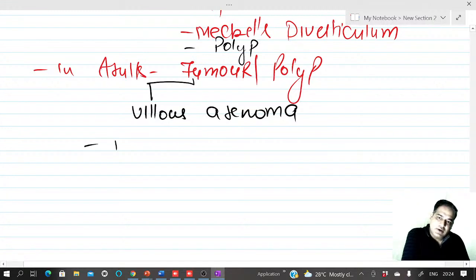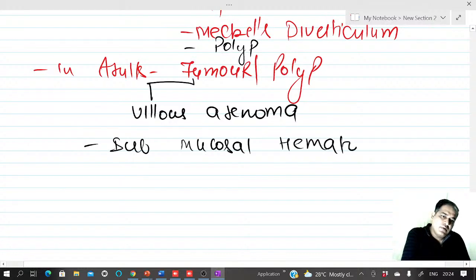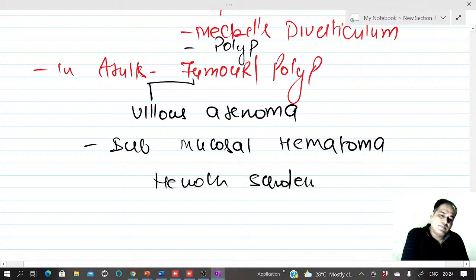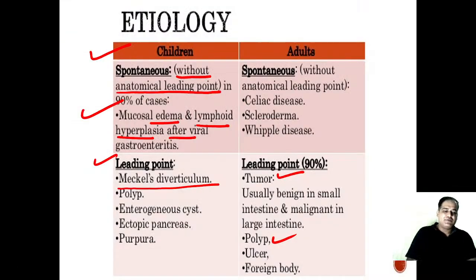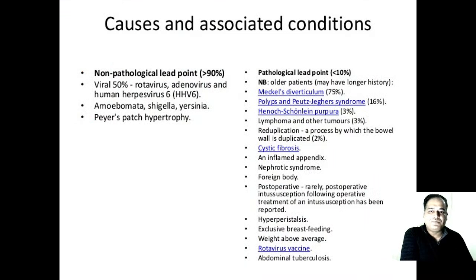What are the other common lead points? A submucosal hematoma, for example, Henoch-Schonlein purpura. So these are the conditions which can give rise to intussusception.